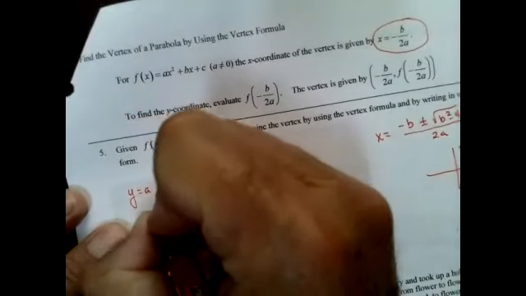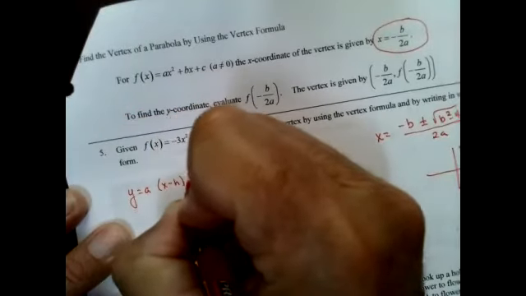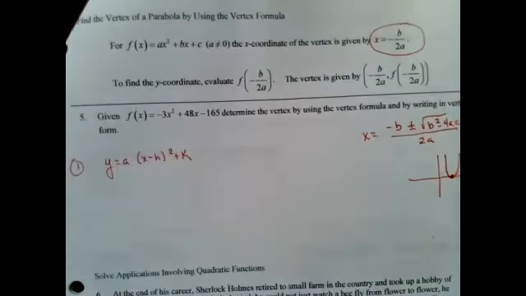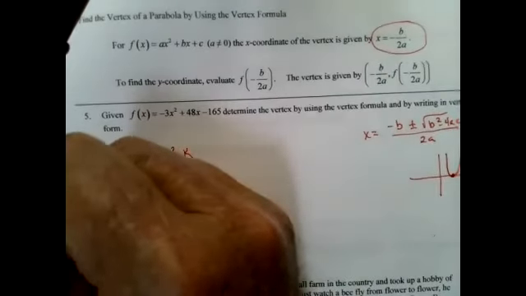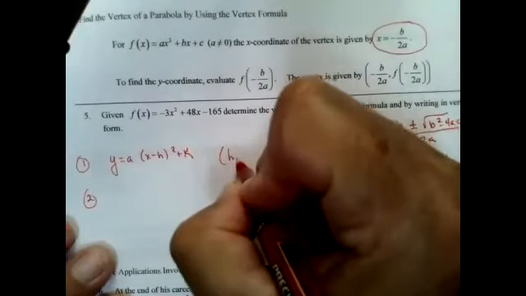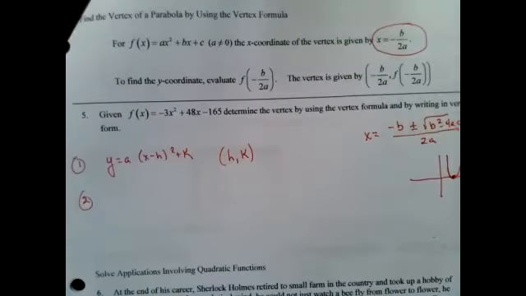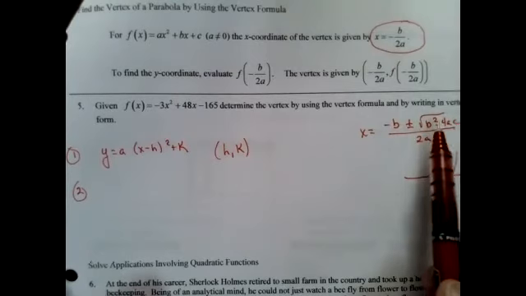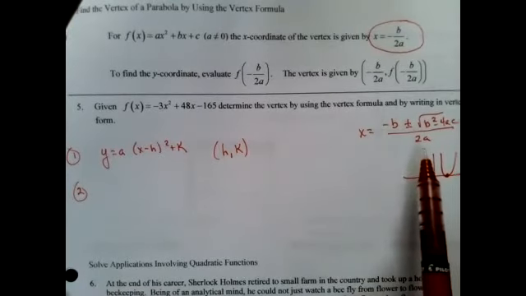So, a quick review. y equals a times x minus h squared plus k. h and k gave me the vertex. That's one way to look at it. A second way to look at it is, assume that discriminant, negative b over 2a.